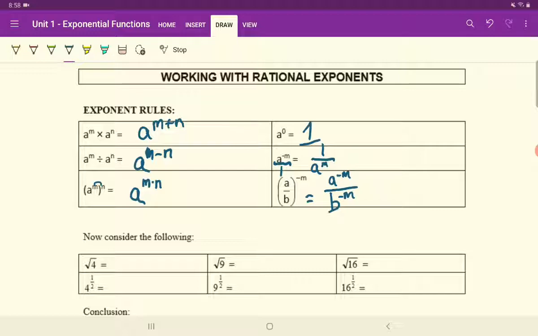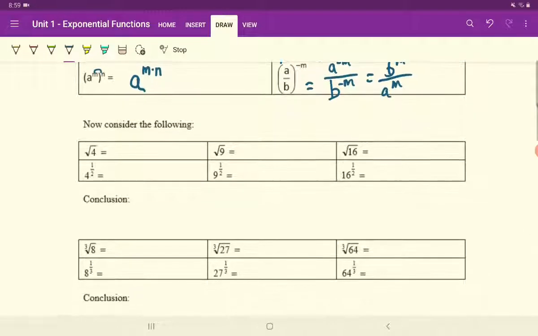The b to the negative m, you bring to the numerator and it will become positive as well. So when you flip these back and forth, you're toggling between positive and negative exponents. So what this ends up equaling is this. Okay?